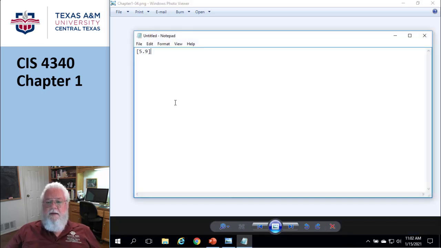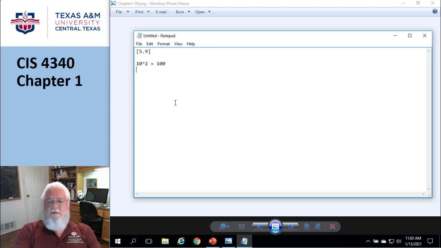If I use an exponent with the little hat like that, so 10 to the 2, 10 raised to the second power, what does that mean? It's like 10 times 10. If it was raised to the third power, it would be 10 times 10 times 10. You guys remember all this stuff from high school, right? So that's 100.